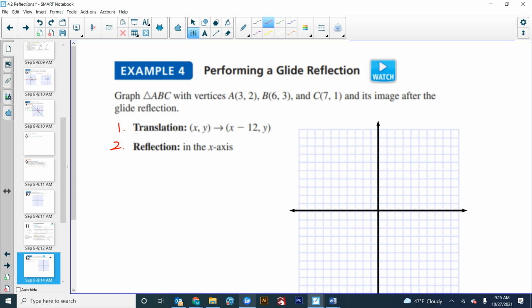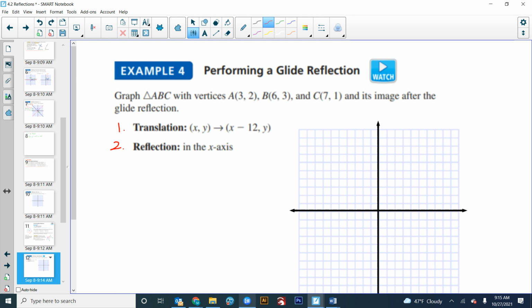Ready? Here's what I'd like for you to do. A is 3, 2. You're going to move it left 12, so now it's going to be negative 9. 3 minus 12 is negative 9. Same y, so the y value is still 2. I'm just doing point A. Are you with me? All eyes up here. 3, 2. The translation will make it negative 9, comma 2.